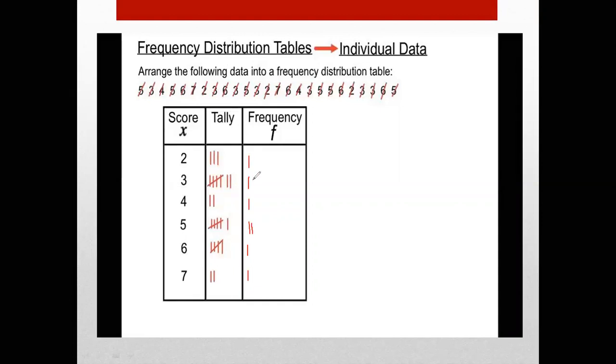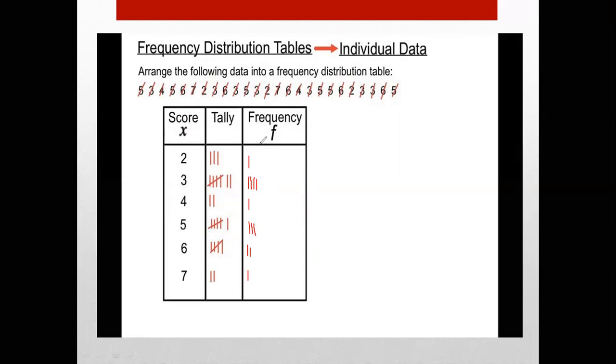3, so you'll be writing tally marks over here. Okay, now 6, so you'll write a tally mark over here. Then 3, so you'll put a tally mark over here. Then 5, so you'll put a tally mark over here. Now 3, so you will put the 4th tally mark over here.